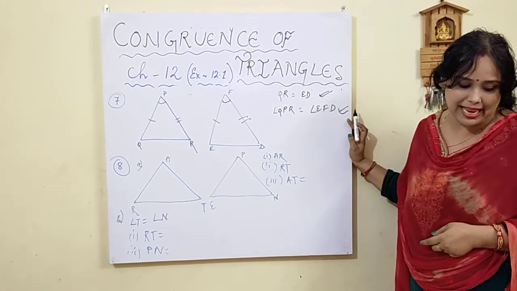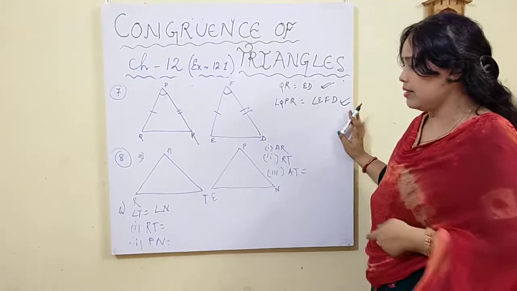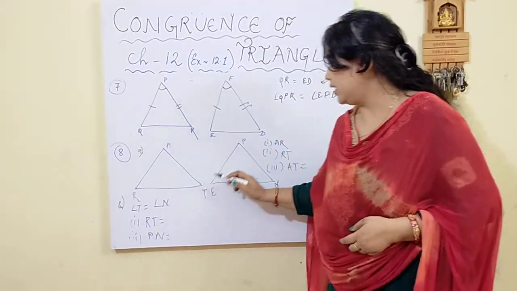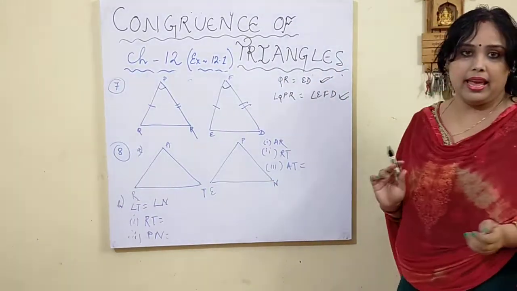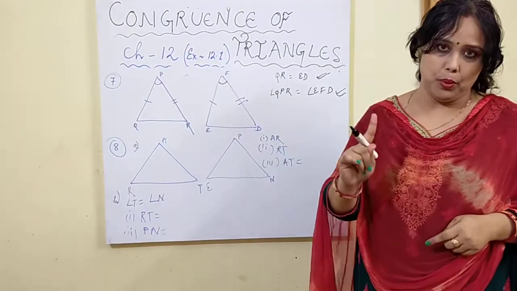Now question number 8. Already I have drawn it for you. Here it is showing two triangles, ART and PEN. So part 1.